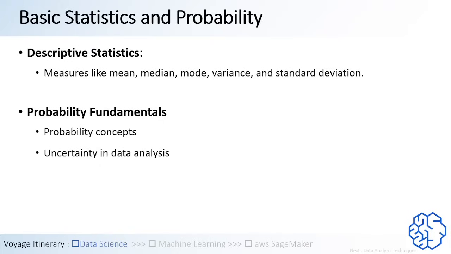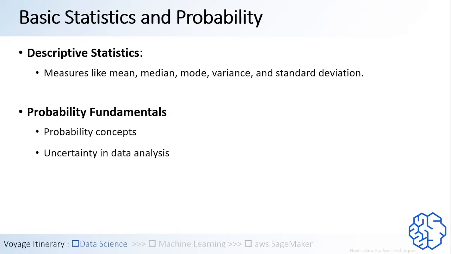That's where probability comes into the picture. So there is another aspect of data science, which is probability, that we should be aware of. We are not going to talk about statistics and probability fundamentals in this session. It's not needed. Anyone who wants to understand machine learning and Gen AI, it's good to learn statistics and probability, but you don't need to get into real depth.